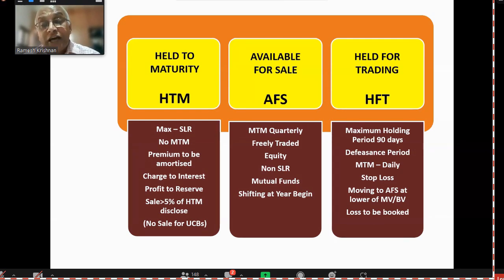So again, the held for trading is essentially a dealer's portfolio, and the maximum holding period for a stock in HFT is 90 days. It can be a government stock, it can be a non-SLR bond, it can be an equity share. Everything you can categorize under the held for trading category for a maximum of 90 days. So this 90 days maximum permissible holding period in HFT is called the defeasance period.